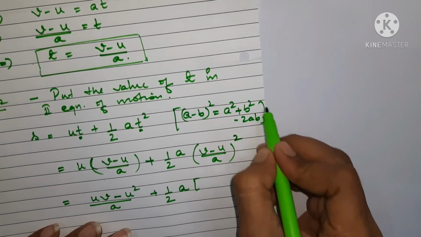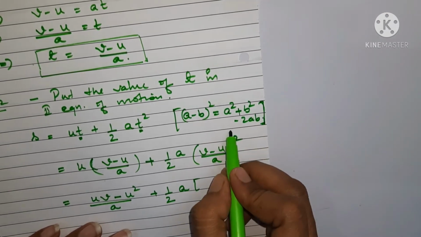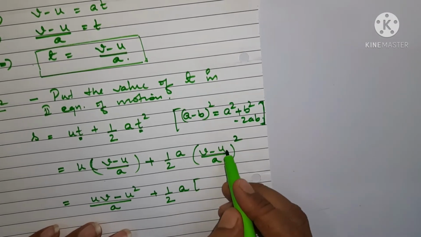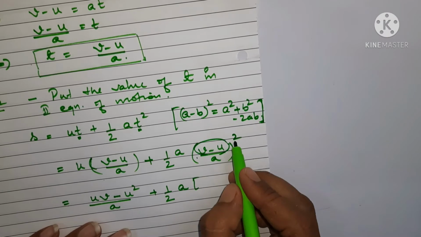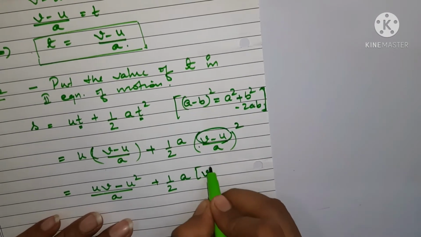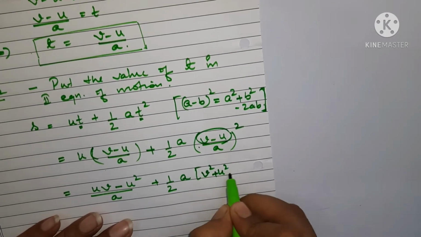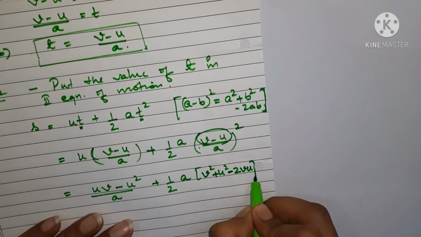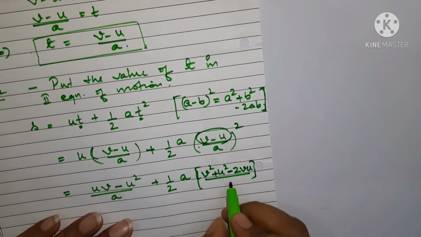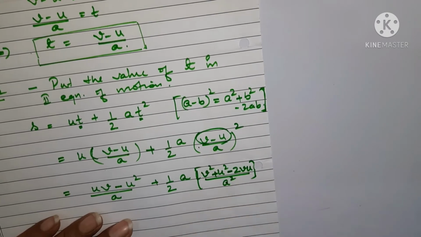So in v minus u whole square, you will get v square plus u square minus 2vu, and in the bottom you have a square.